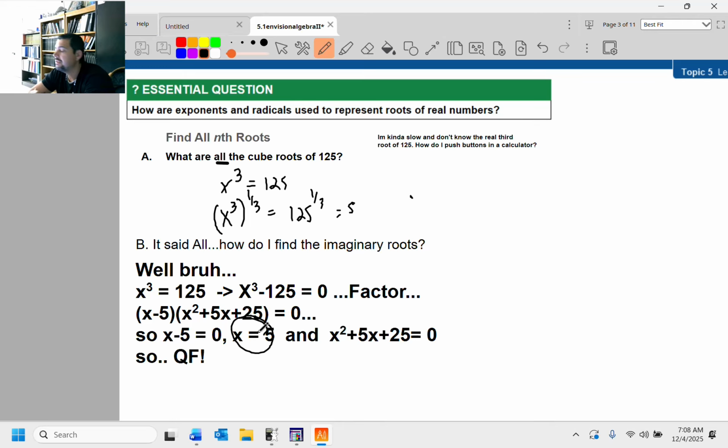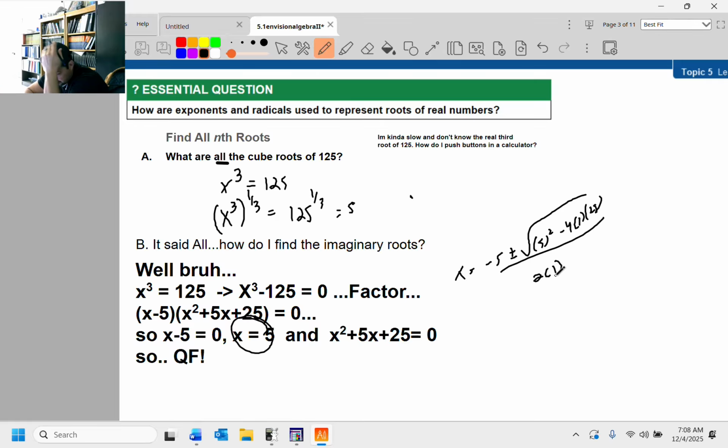Remember, those are imaginary solutions. So I get to use the quadratic formula. It goes x equals negative b plus or minus square root b squared minus 4ac all over 2a. All right, so what's in that radical? You got 25 minus 100. You have a square root of a negative 75, both pieces sitting pretty over a 2.